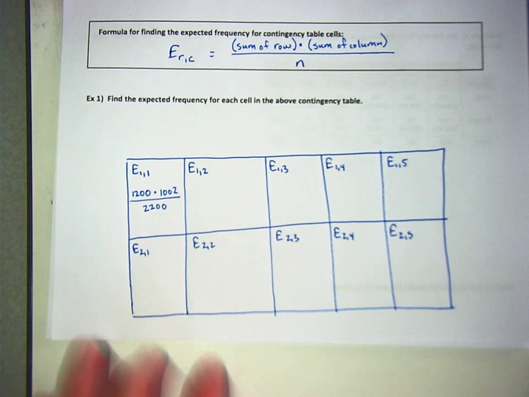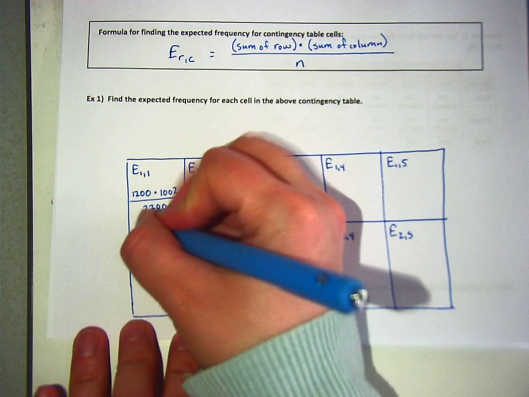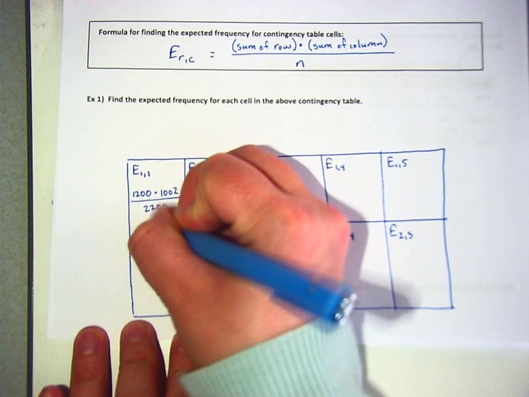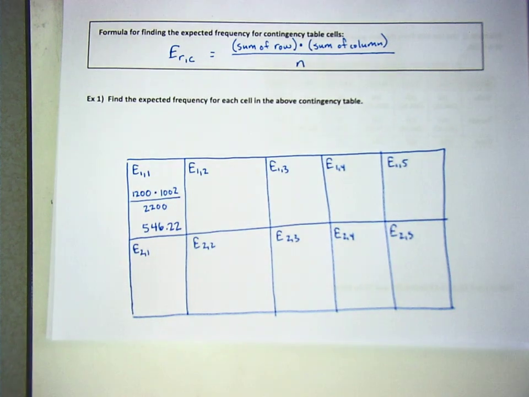Go ahead and put that in your calculator. Did you guys get 546.55? I'm going to do one more with you, and then we're going to split up the work.